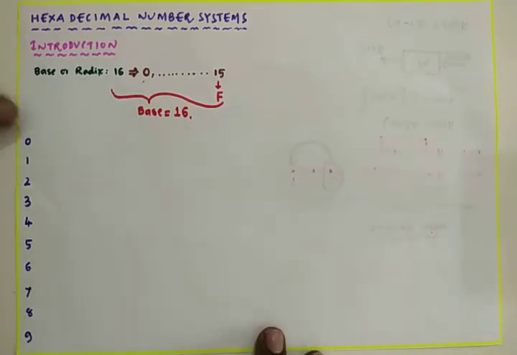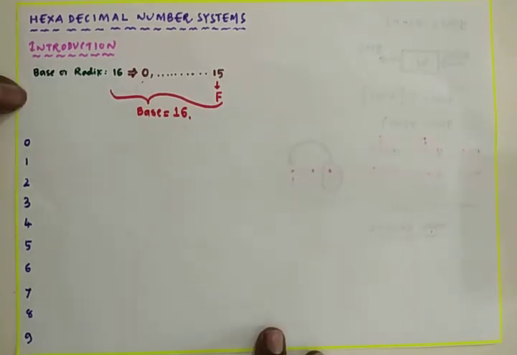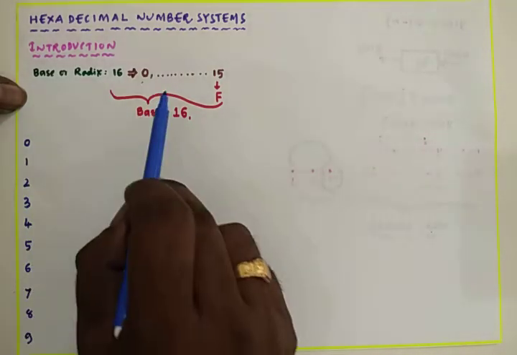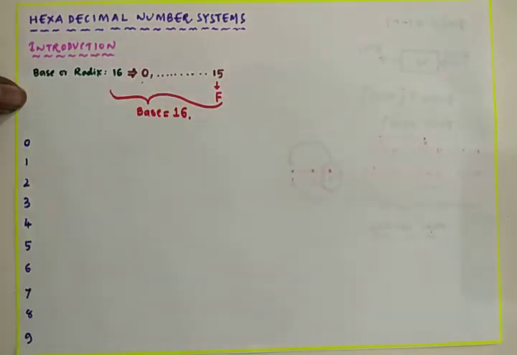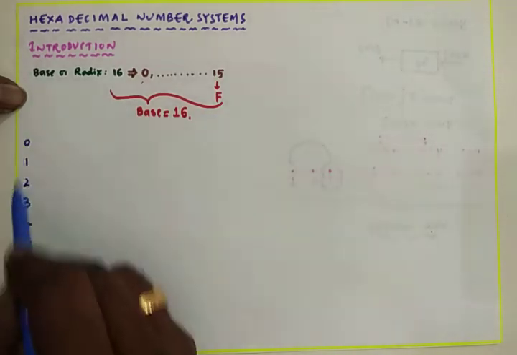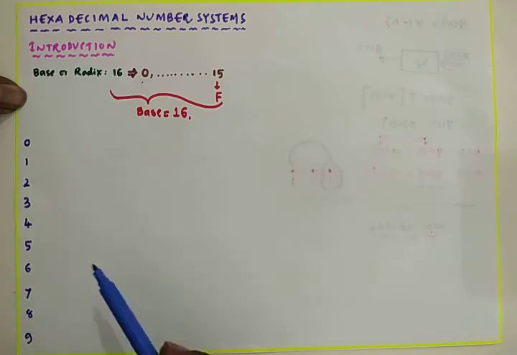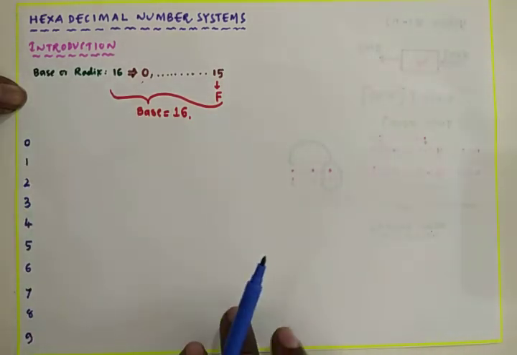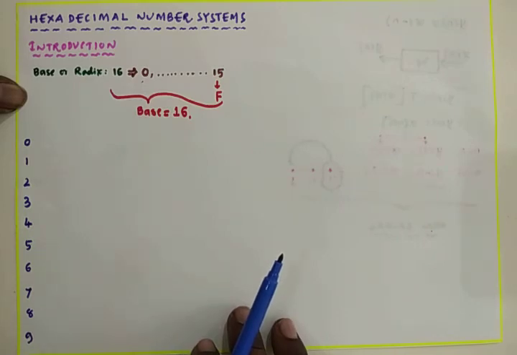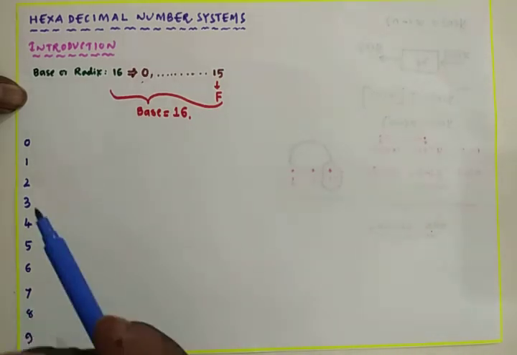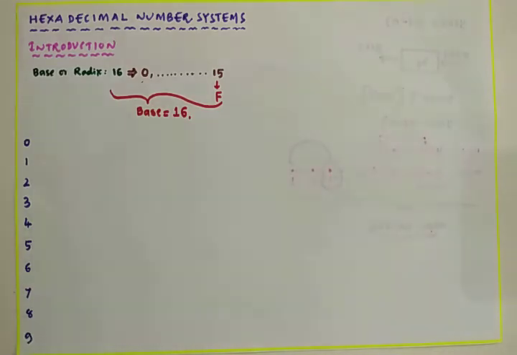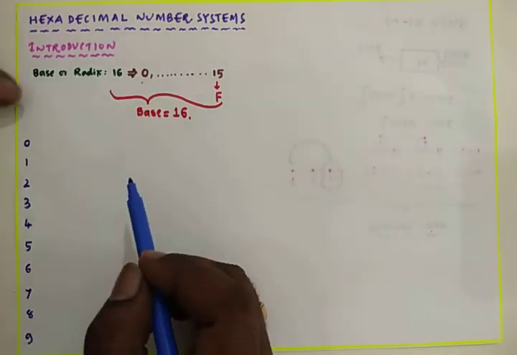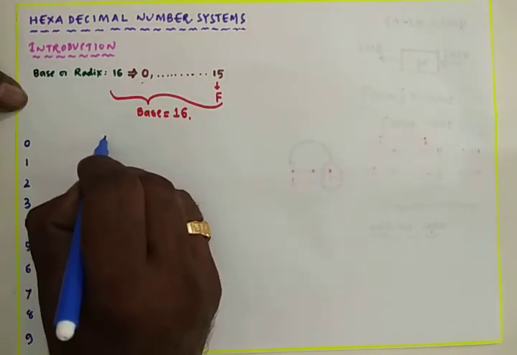The next number after 9 is 10, a combination of 1 and 0, but we require 16 different symbols. 10 is not a new digit or new symbol. So from 10 onwards, we denote the numbers with capital alphabets, that is A.